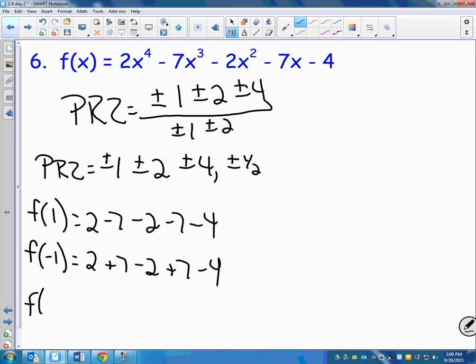Check that out. This is the part that you just have to take some time to do, or if it's on the back of the book, get a little help. I got 2 to be negative 50. Alright, I'm going to try 1 half.